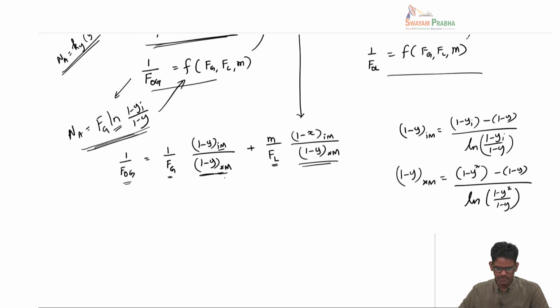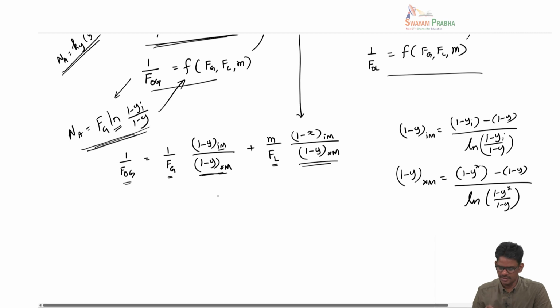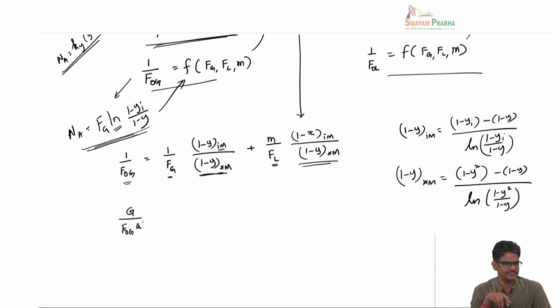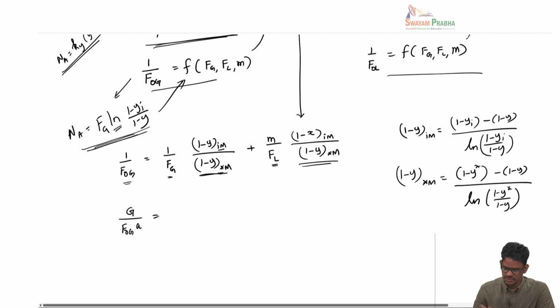Now what I can do is multiply by the term G by A across. So I'll get G by FOG A. Why I'm doing that is because the left hand term is now HTOG. This equation is actually equation 5.25 A in the textbook, where you can find the derivation.